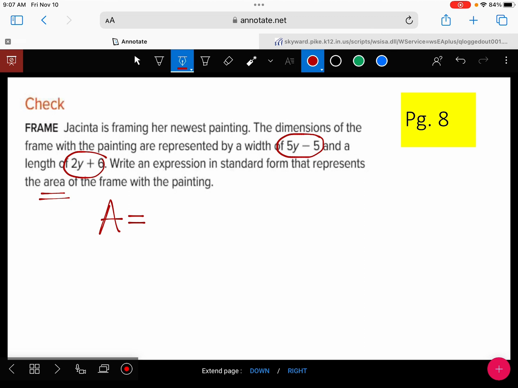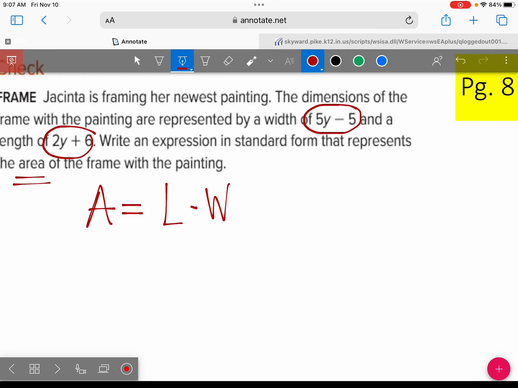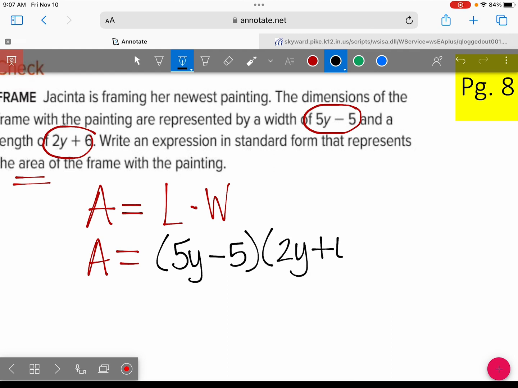L times W, yeah, length times width. So what we're going to do to find the area is we're actually multiplying 5y minus 5 times 2y plus 6.